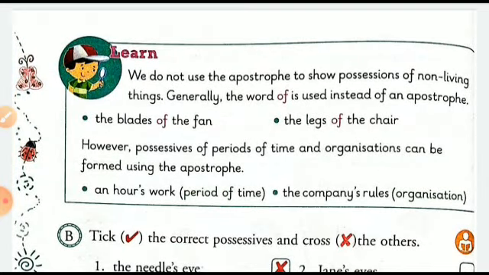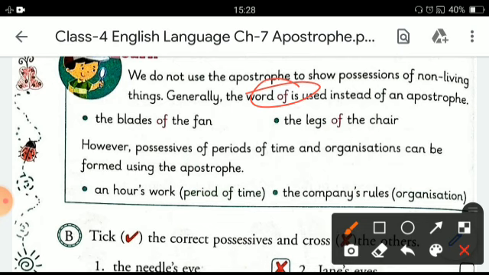Now next, let's move on. We do not use the apostrophe to show possession of non-living things. Generally, the word of is used instead of an apostrophe. Example: the blades of the fan, the legs of the chair.